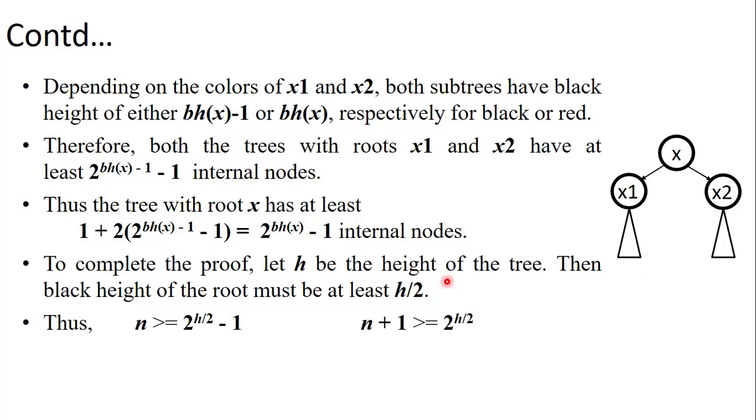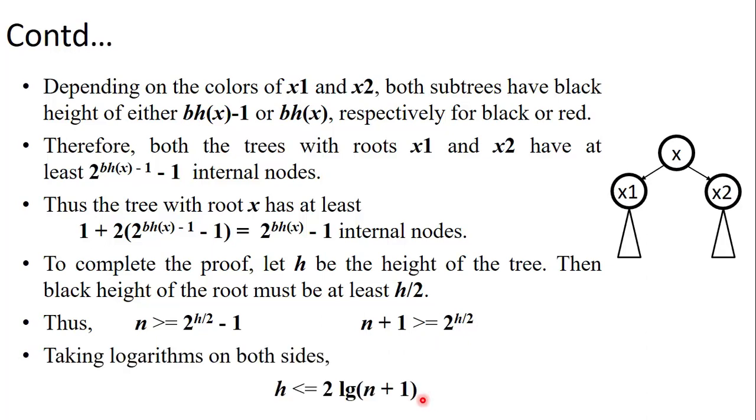So the equation becomes n is greater than or equal to 2 raised to the power h by 2 minus 1. Further solving it, we get n plus 1 is greater than or equal to 2 raised to the power h by 2. Taking logarithms on both sides, we have proved that an RB tree with n internal nodes has height at most 2 log(n plus 1).